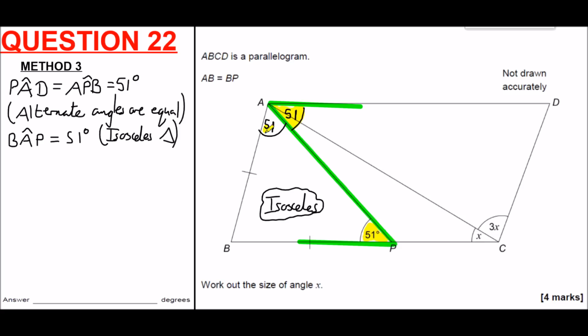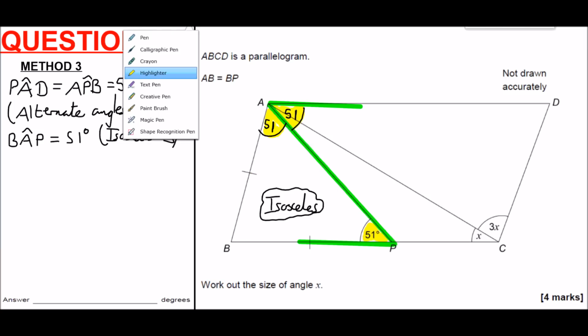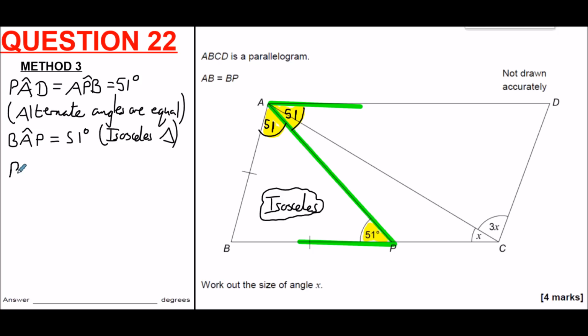So looking at this one here, the corner of A, BAD, the whole corner, BAD. I'm going to just highlight the whole corner, and what I mean by that is this whole big angle here, all the way across. So I'm just going to try and colour it in so it's a bit clearer what I mean by BAD.